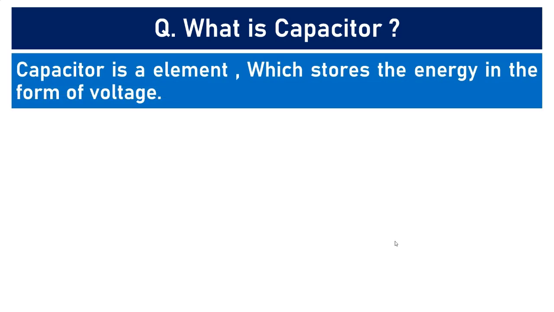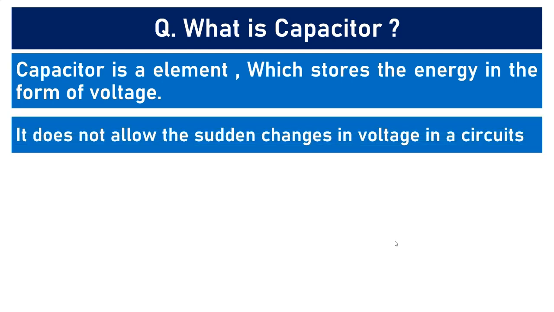Now see here, capacitor is an element which stores the energy in the form of voltage. Okay, capacitor always stores energy in the form of voltage, but inductor always stores the energy in the form of current. Now, it does not allow sudden changes in voltage in any circuit.